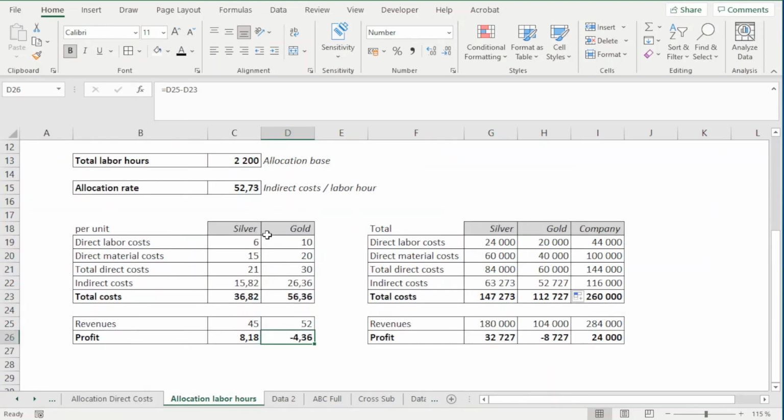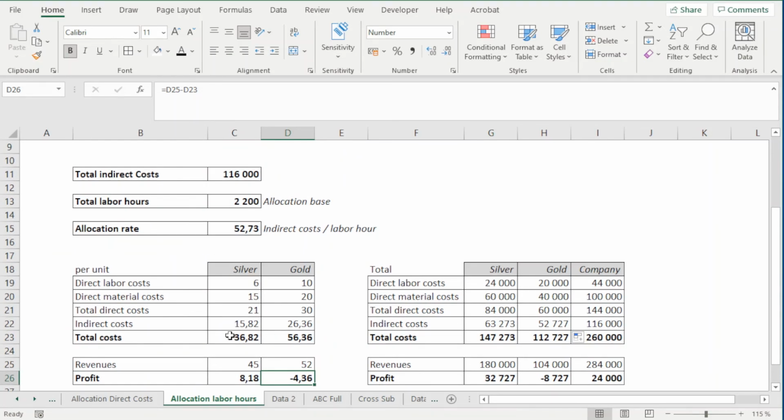We would like to answer this question a bit more in detail when we look at ABC. But right now we can say that we should choose the allocation of indirect costs to the products such that it really reflects the cause-effect relationships between resource use and the costs of the products.